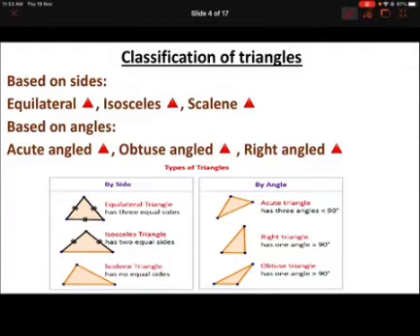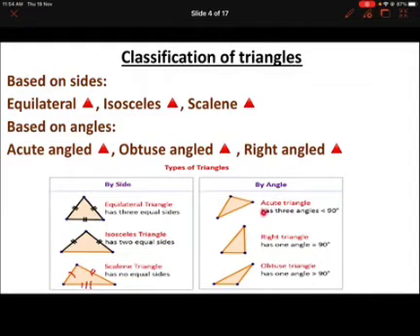So if you have to represent a scalene triangle, you can do like this. You can give one stroke here, two strokes here, and three strokes here, meaning that all the three sides are different. Okay, next.